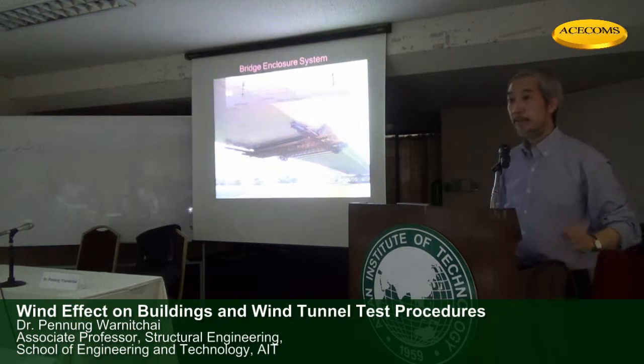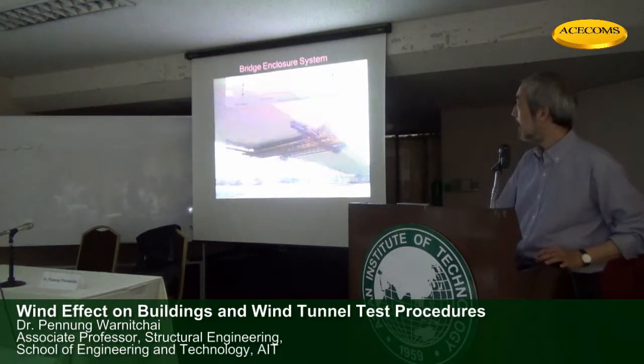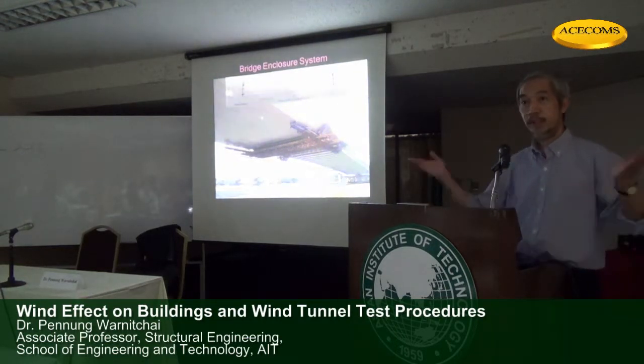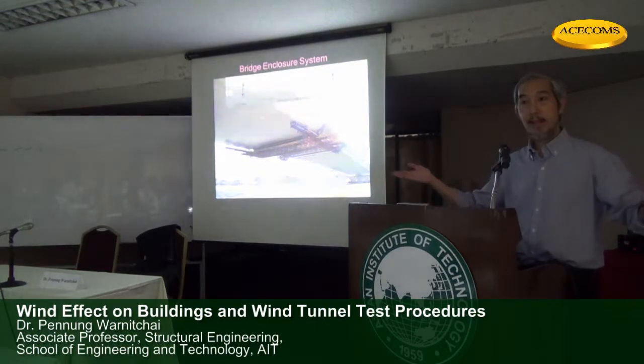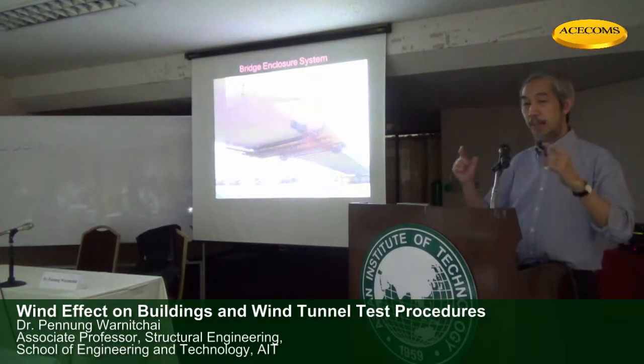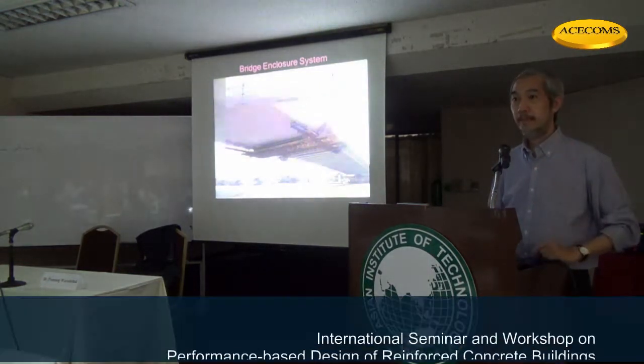Okay, it's a very efficient structure, but looks very ugly. And then they put fiber reinforced plastic to wrap around this. We call it the bridge enclosure system. After they put the fiber reinforced plastic, it looks clean. And it's in a box shape. Alright? And it makes the girder aerodynamically stable.